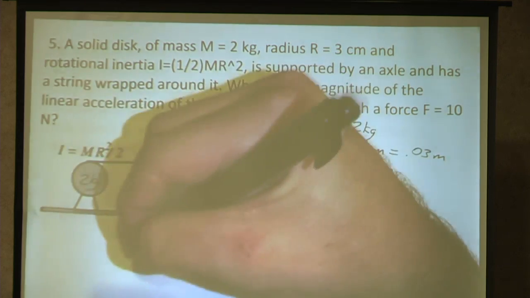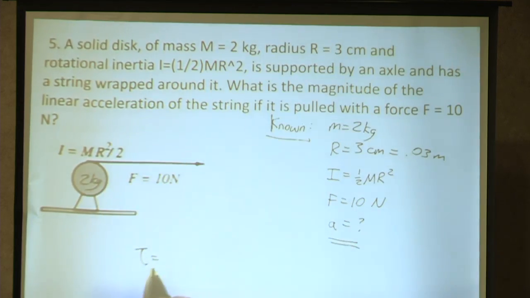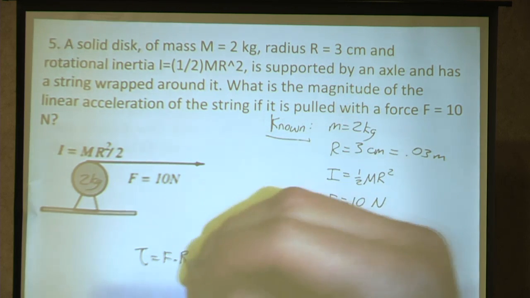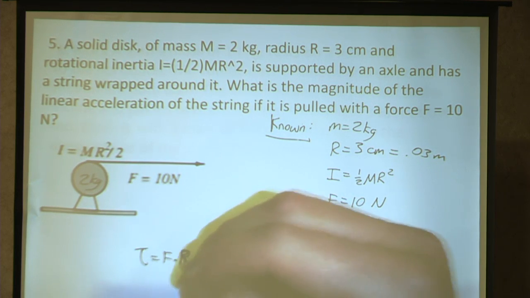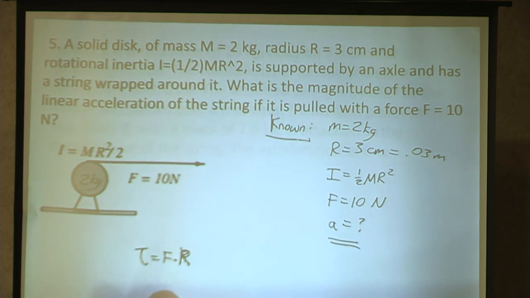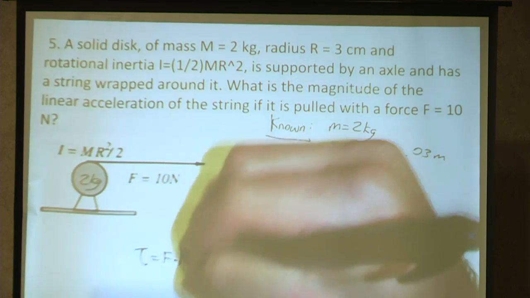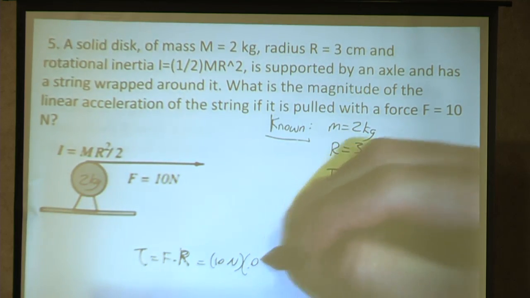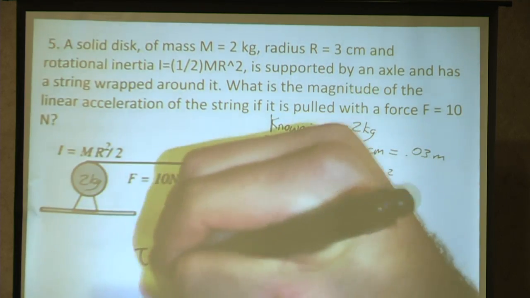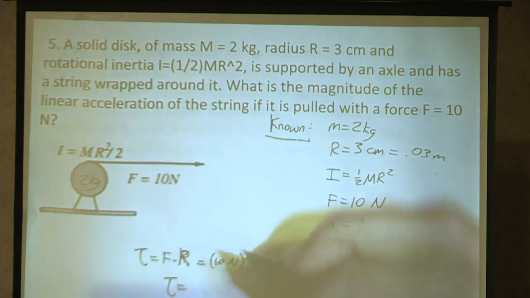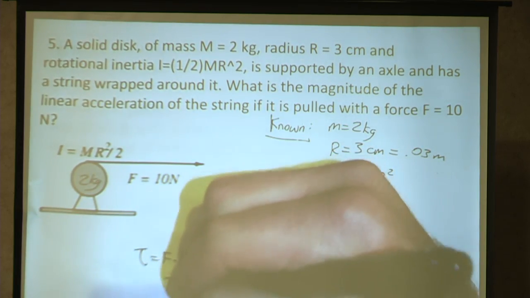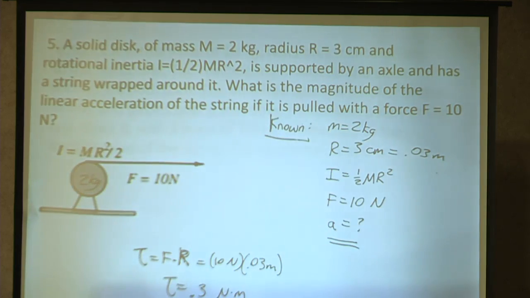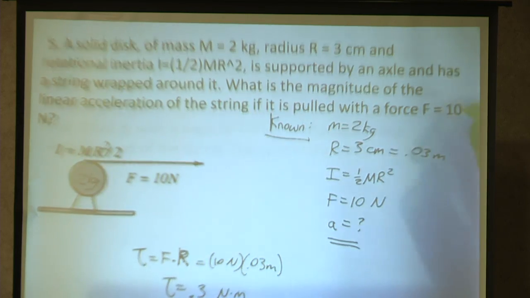So torque is a force times a radius, which equals that 10 newtons times 0.03 meters. That gives us a torque of 0.3 Newton meters. I'm going to add that over here to our knowns.